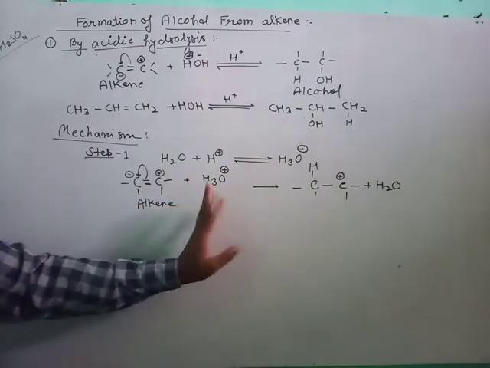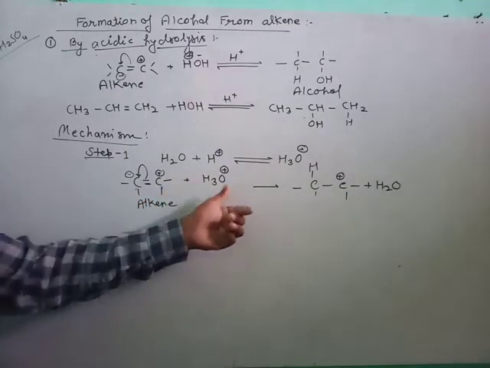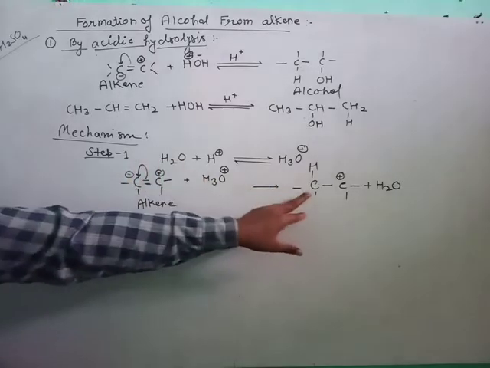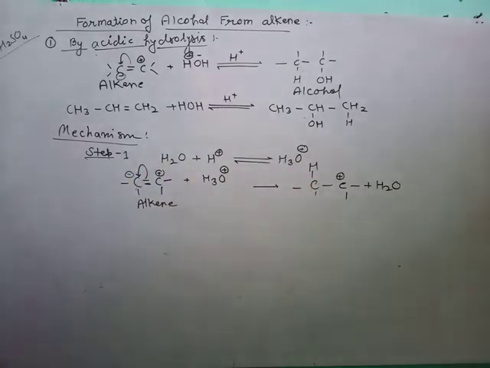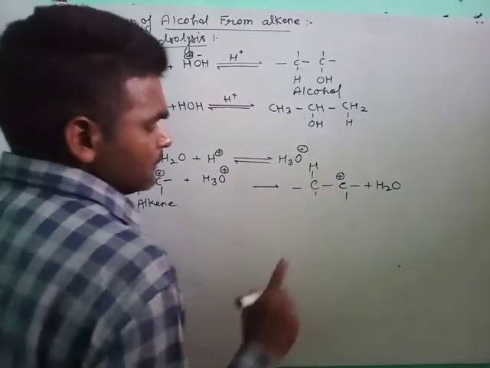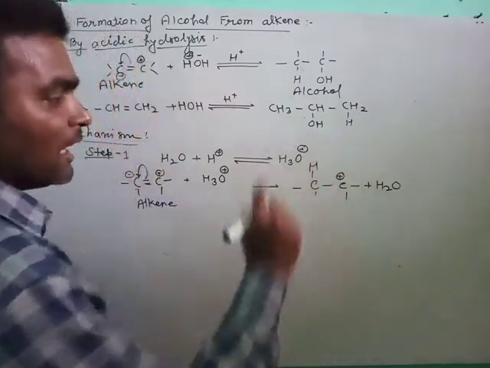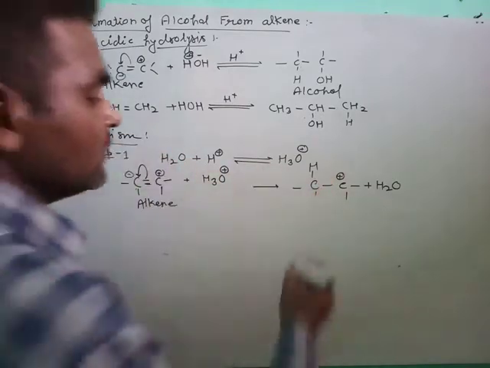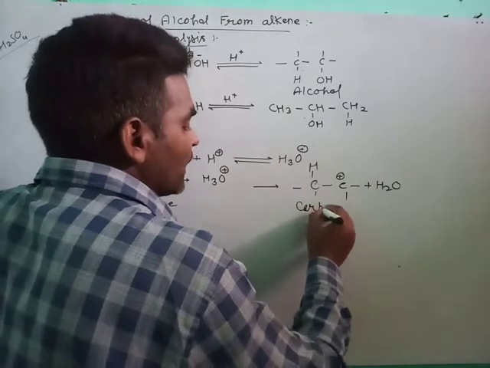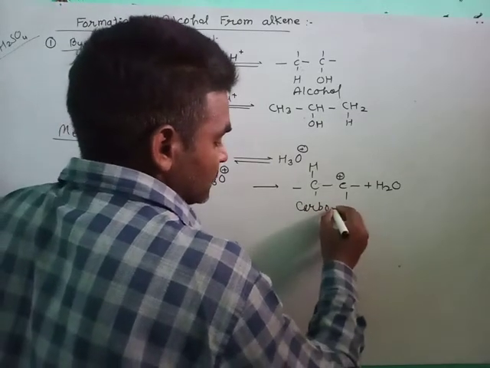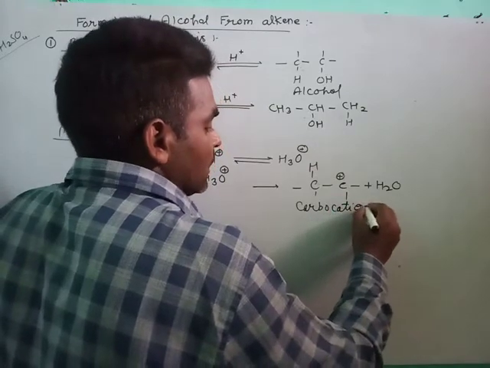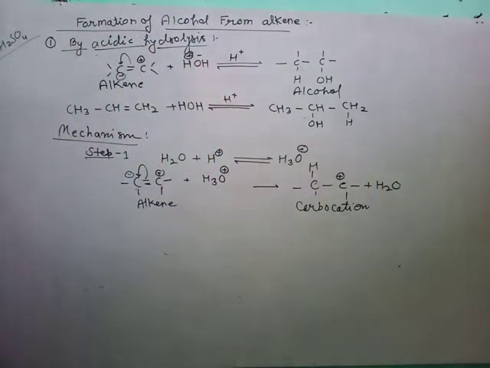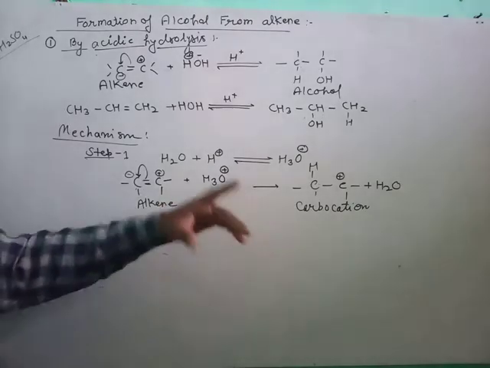Here we see that one hydrogen is added, meaning H plus is added to C negative and forms a single bond C single bond H. This ion contains positive charge, so it is called carbocation. So the first step is also called the formation of carbocation by action of hydronium ion. This is the first step.